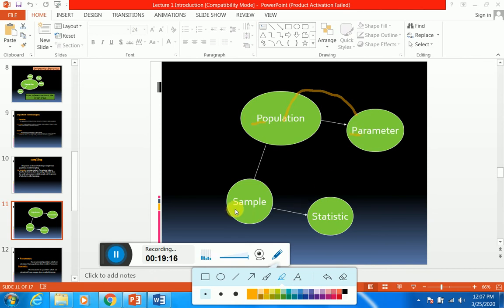And when we talk about the sample, it starts with S and statistics also starts with S. So statistics has a connection with sample. It means that parameter has a connection with population and statistic has a connection with sample.